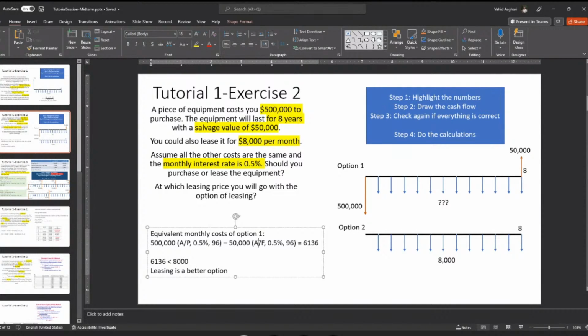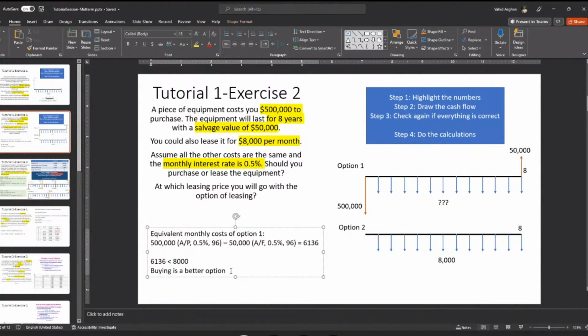Also, we can directly change it to its monthly equivalent, and the result will be $6,136. So if you buy it, no, buying is a better option, not leasing. Buying is a better option. So if you buy it, it is equal to paying about $6,000 per month.